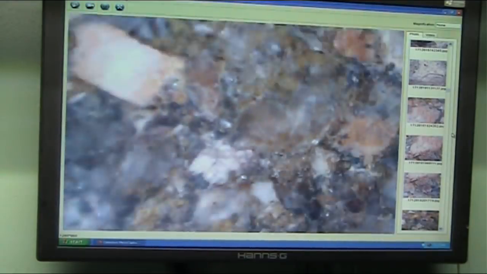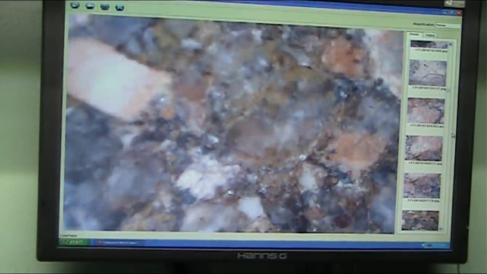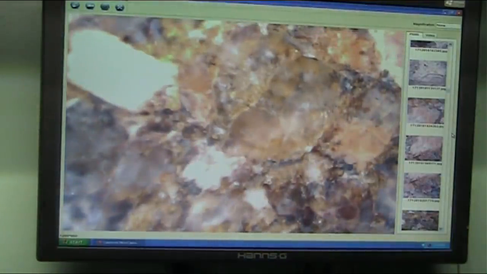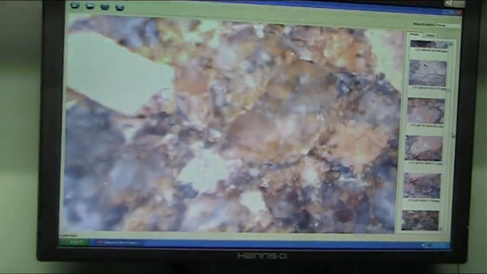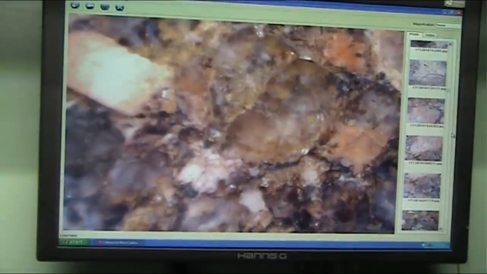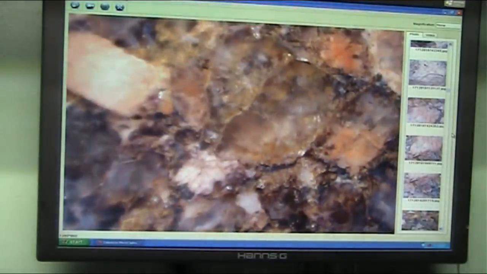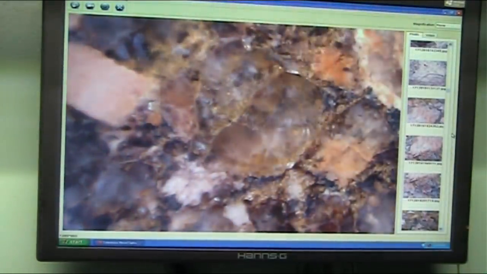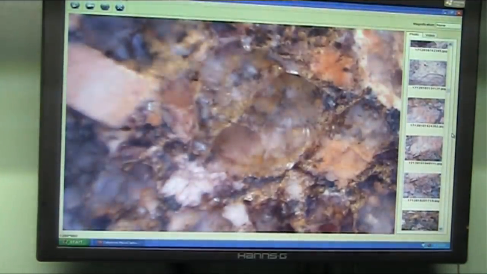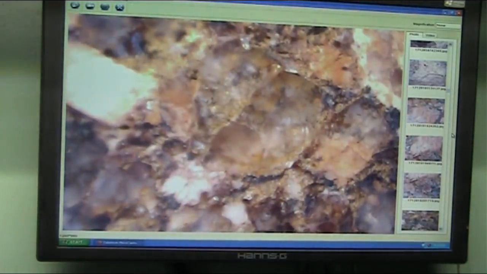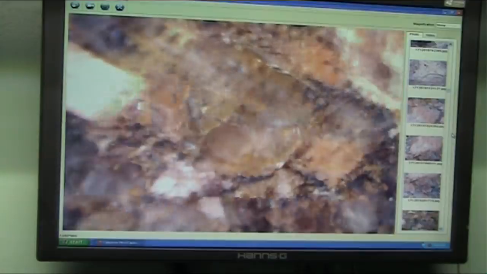You can see all these different crystals. All these different colors are biology. Let me see if I can get something down here where it makes darkness. You got to play around with the light condition.